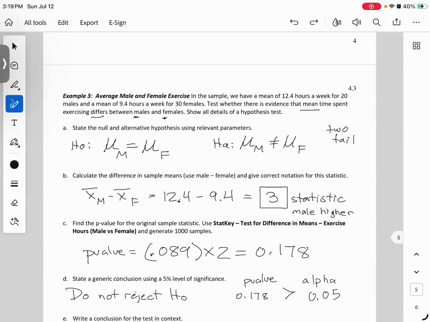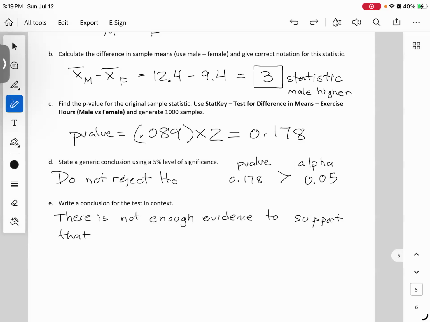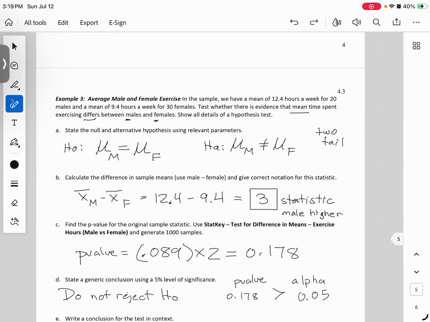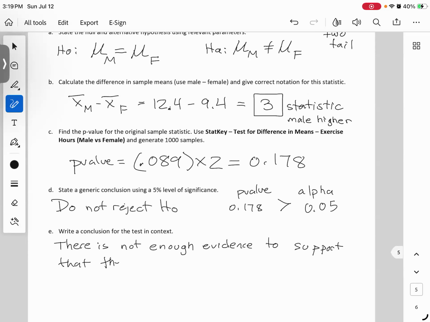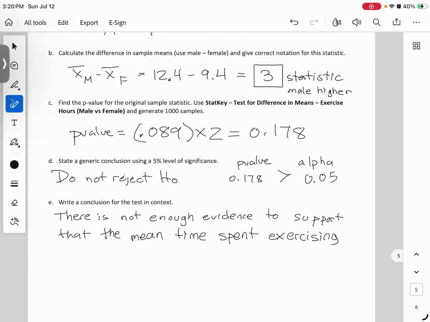I'm going to go and write that down. It's a conclusion in context. There's not enough evidence to support that the mean time spent exercising differs between males and females.